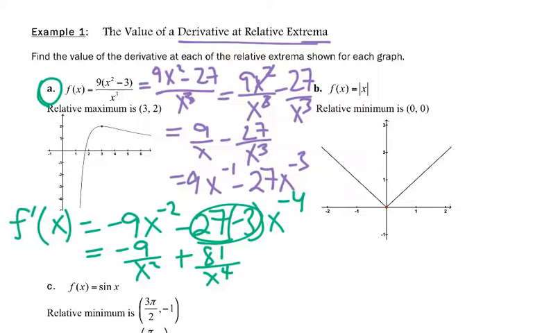The question is, what's the derivative at the relative maximum that we have right here at x equals 3? In order to find the value of that derivative, we're going to plug in 3 for x here. So let me erase this so we have a little room to do that.